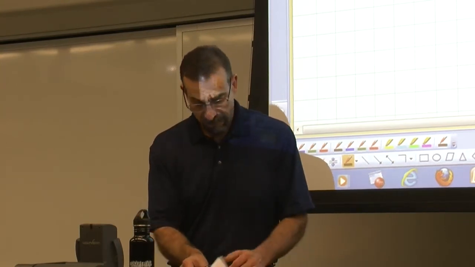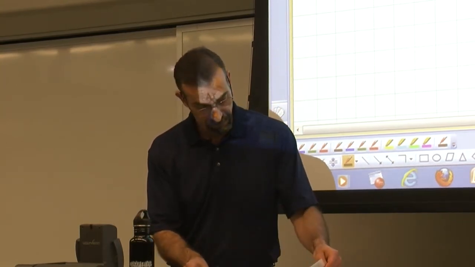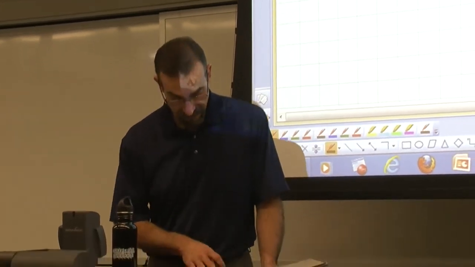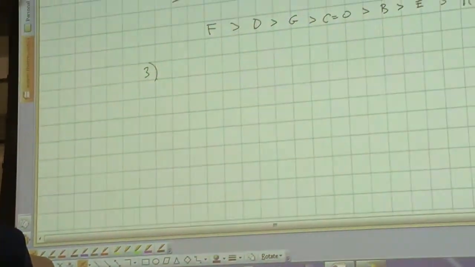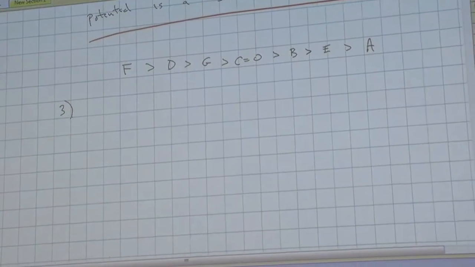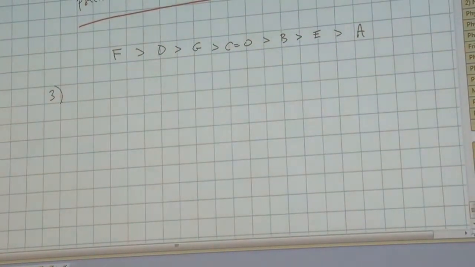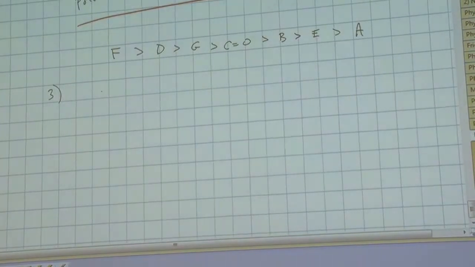Okay, have we done electric potential energy? The third one says, find the electric potential energy of the system of three charges if a positive Q is placed at point P. Electric potential energy.